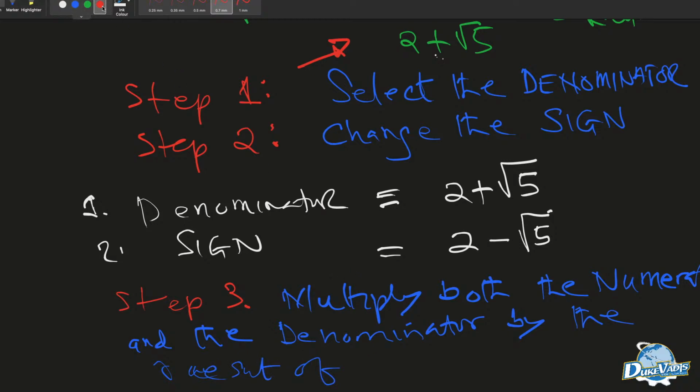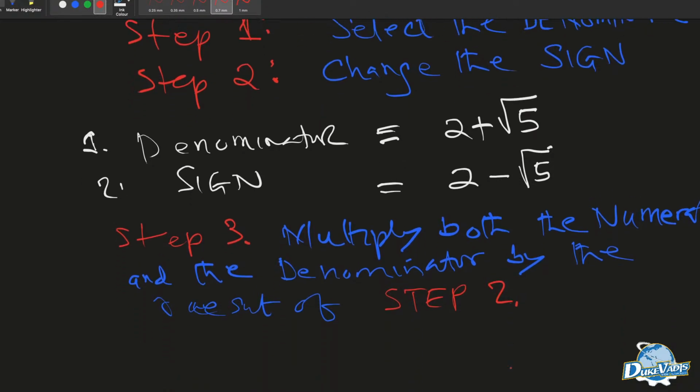So we are going to multiply the numerator and the denominator by the result of step 2. Step 2 says we should change the sign. So the one that we've changed the sign is what we're going to use.